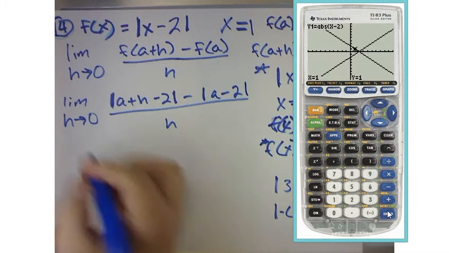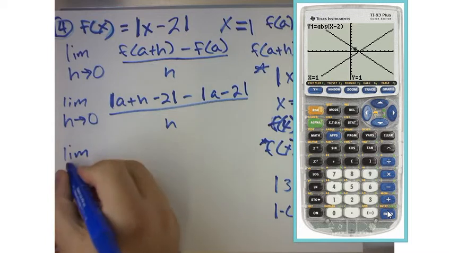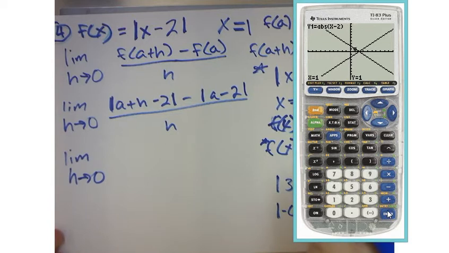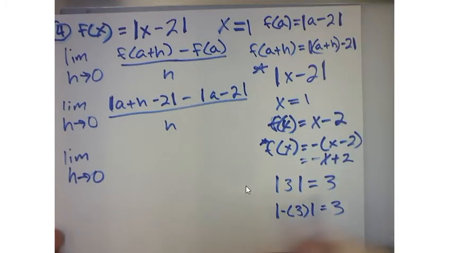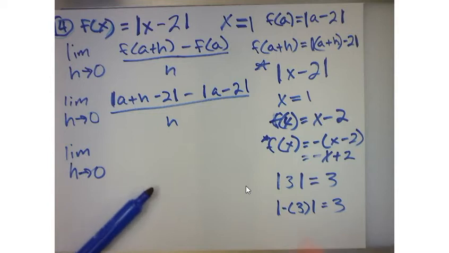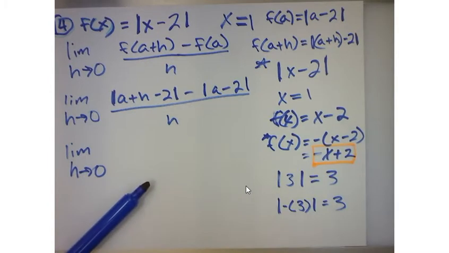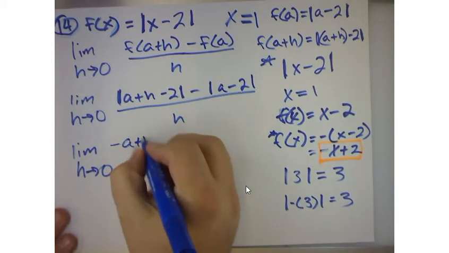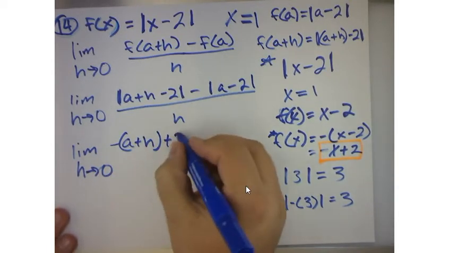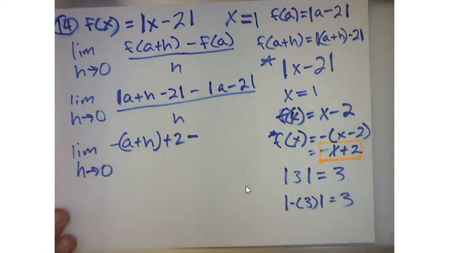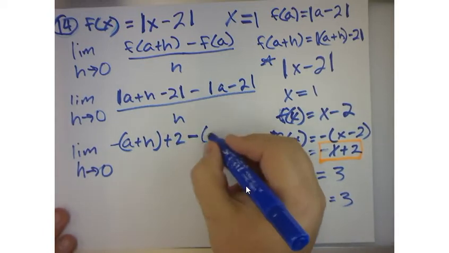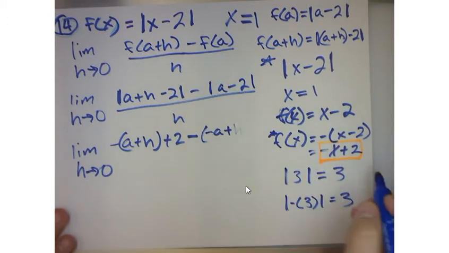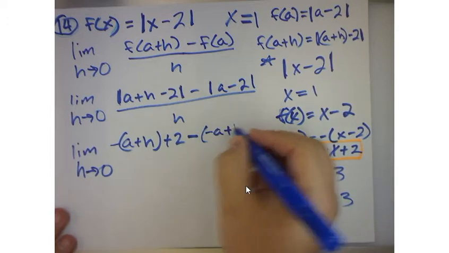So let's do this. Let's take the limit as h approaches 0. But now what would this one be if we chose this function right here? How would I write the a plus h? Wouldn't I do something like this, like minus a plus h in parentheses plus 2, minus minus a plus 2, right?